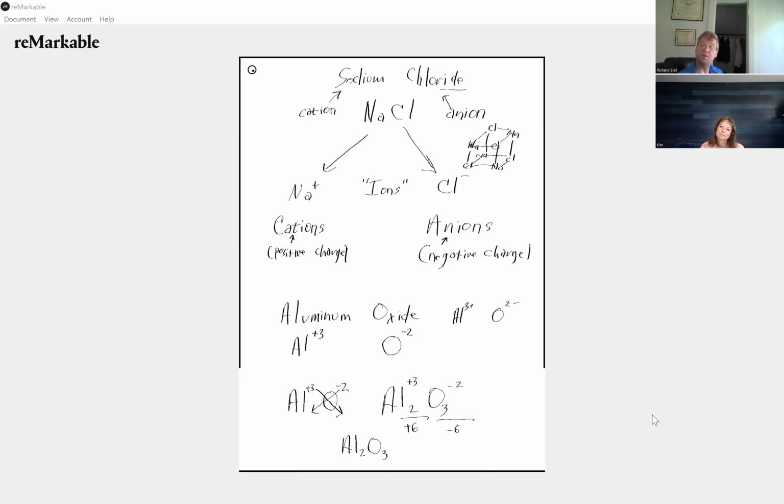And it forms a cube. On the atomic level, the sodium ions and the chlorine ions form a cube in a 1-to-1 ratio. But is there any reason we need to stop at just one cube? No. We can go on.